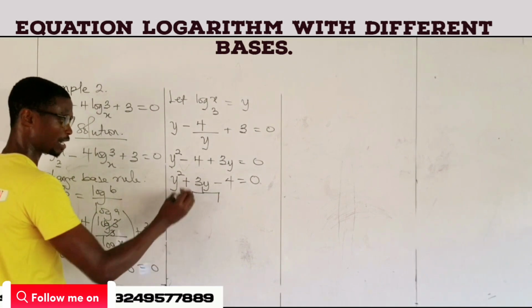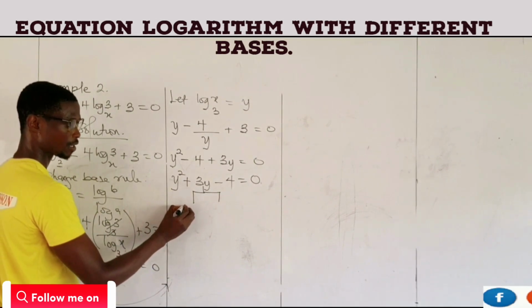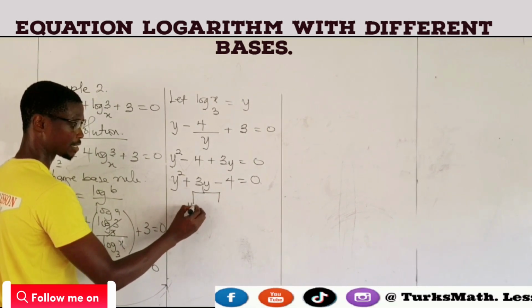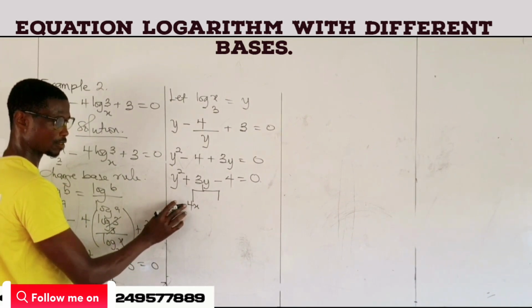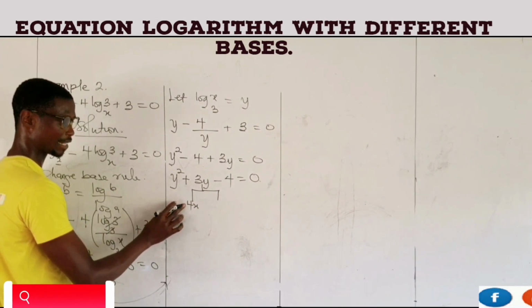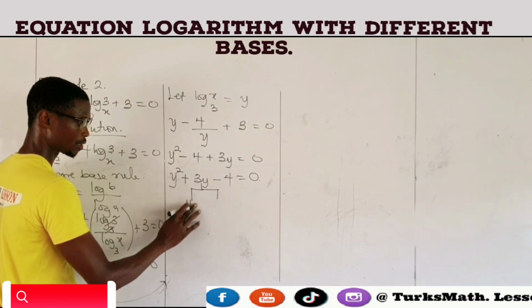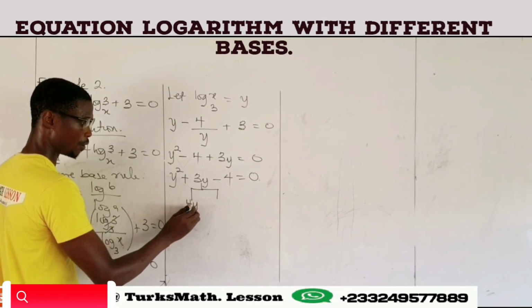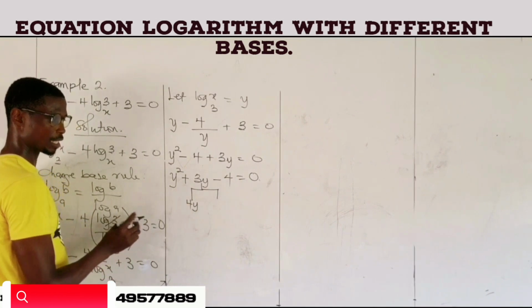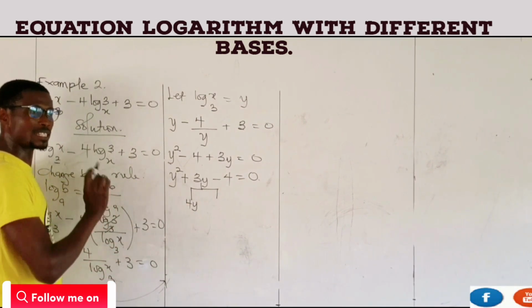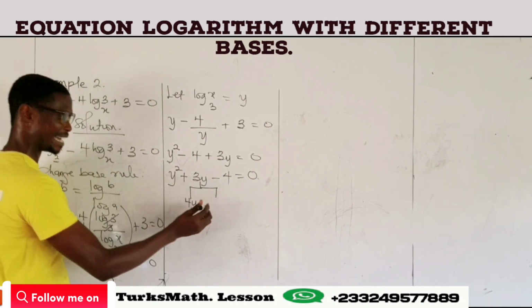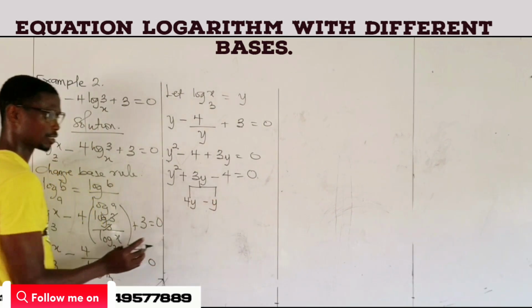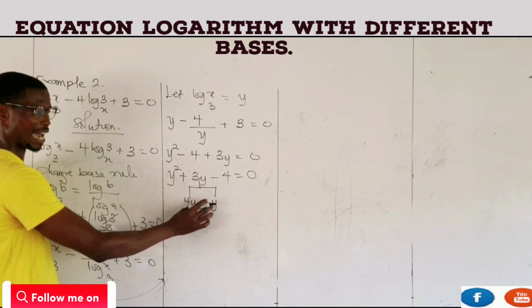So I need two things here that give us positive 4y and negative y. Is it minus or positive? Positive 4y minus y, isn't it?